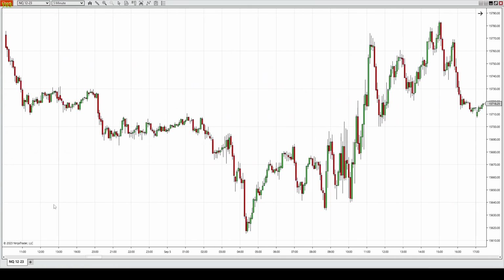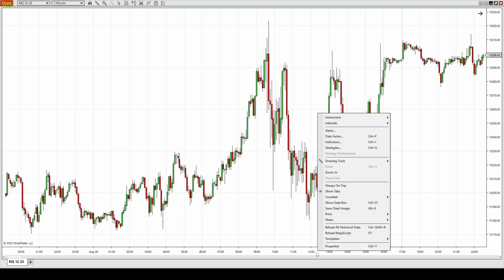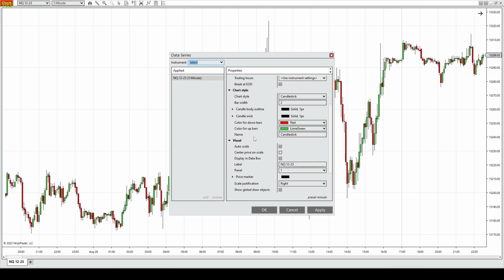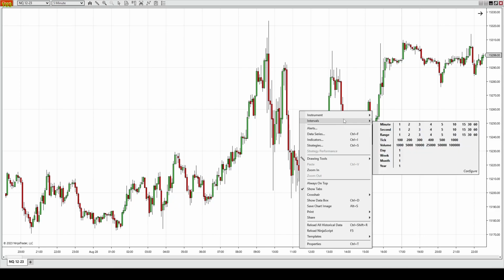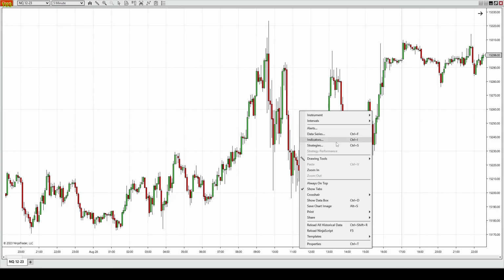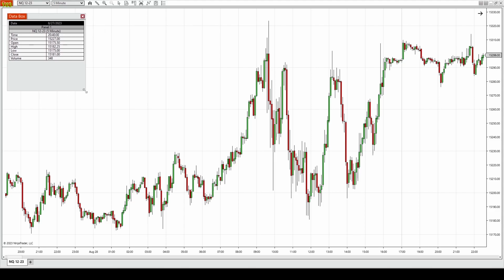Let's continue. We're going to go all the way to here. What date is this? I don't have dates here. Let's see if I can add dates. Where are my dates? Let's show data box. Okay, we'll keep the data box because it at least has a date.